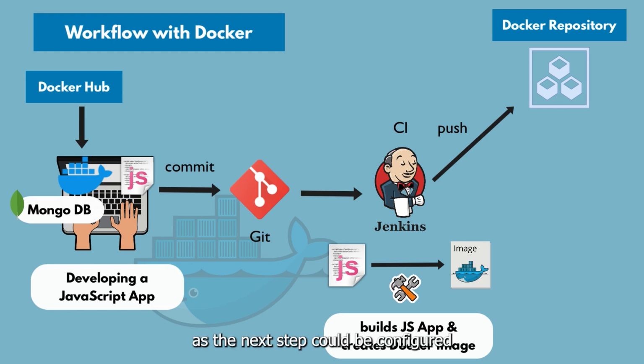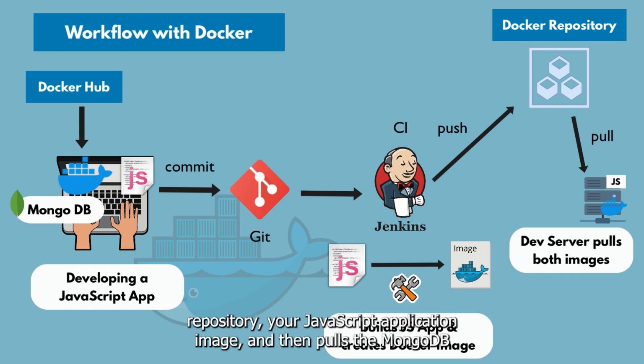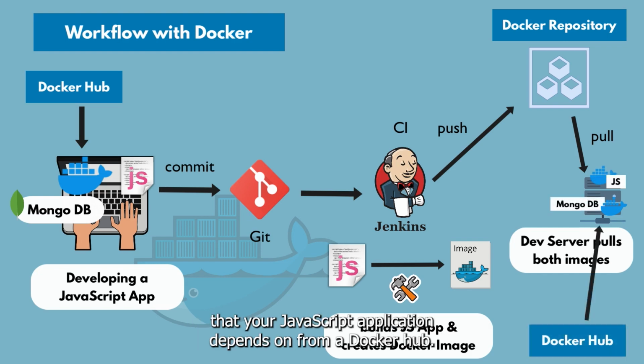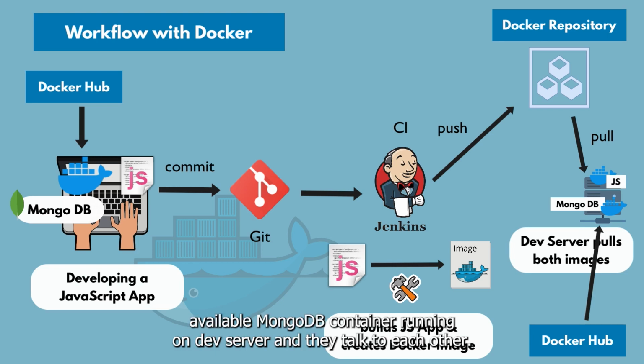And now, as a next step, which could be configured on Jenkins or some other scripts or tools, that Docker image has to be deployed on a development server. So you have a development server that pulls the image from the private repository, your JavaScript application image, and then pulls the MongoDB that your JavaScript application depends on from Docker Hub. And now you have two containers, your custom container and a publicly available MongoDB container, running on the dev server.